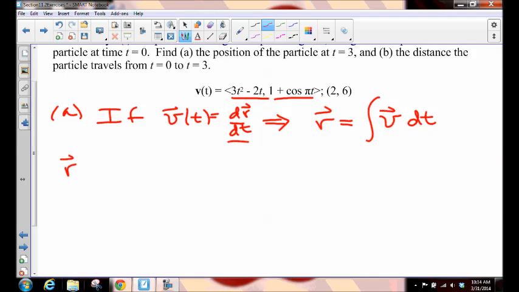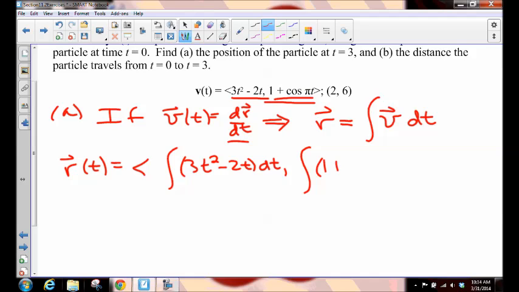So r of t is going to be the integral of the x component, 3t squared minus 2t dt. And then the y component of r is going to be the integral of the y component of v, which is 1 plus cosine pi t dt. We can just integrate term by term here.